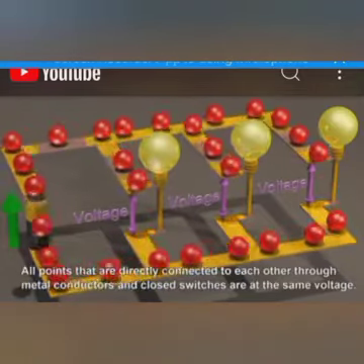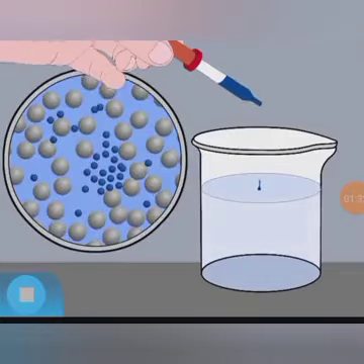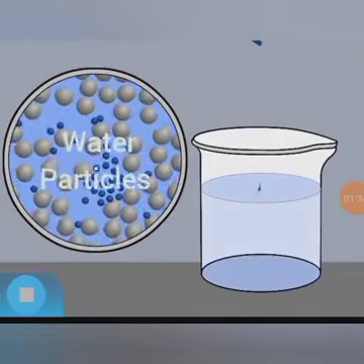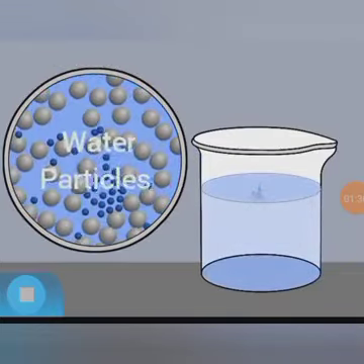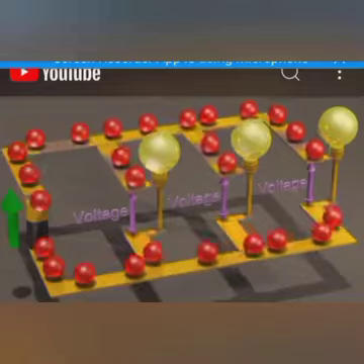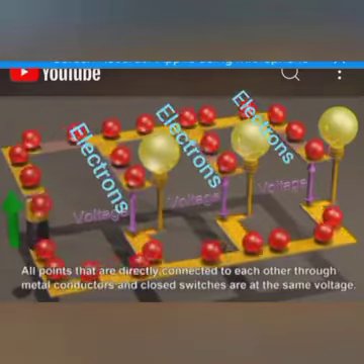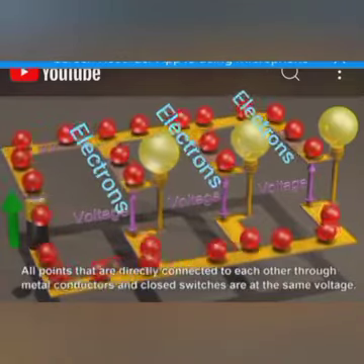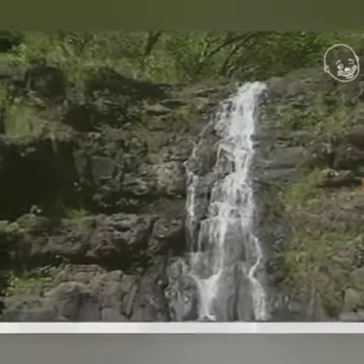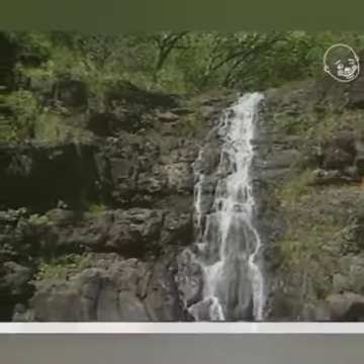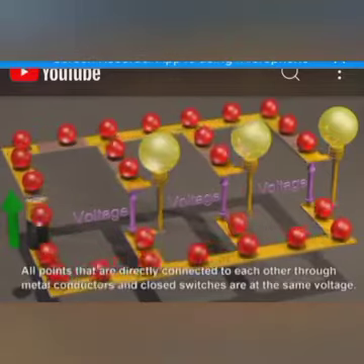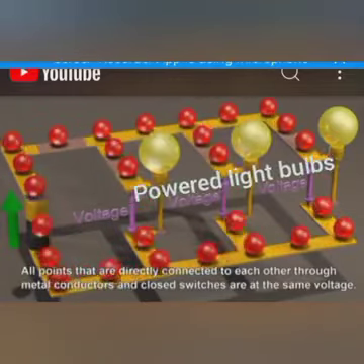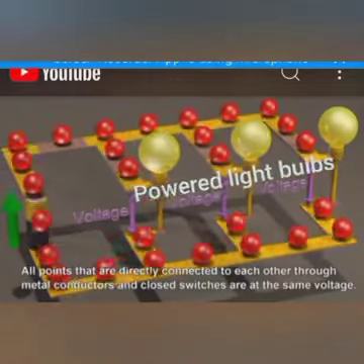Observations and explanation. 1. Just as water is made of tiny particles, molecules, electricity is made of tiny charged particles called electrons. 2. When voltage is applied, these electrons move through the wire, similar to how water molecules flow down the waterfall. 3. This movement of electrons creates an electric current, which can power devices and machines.